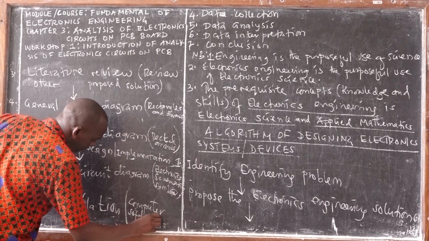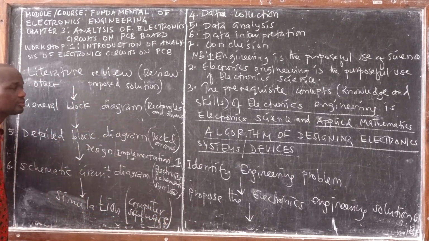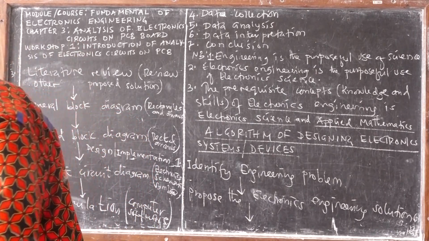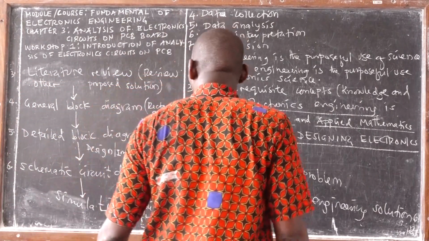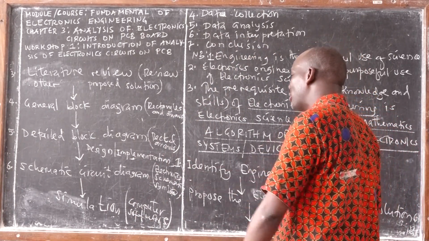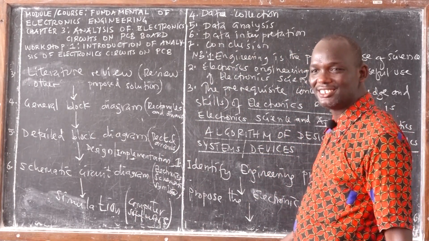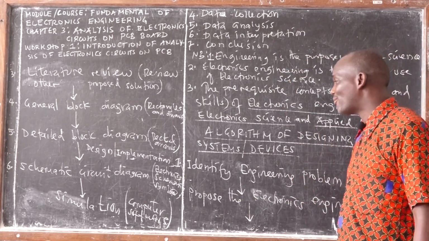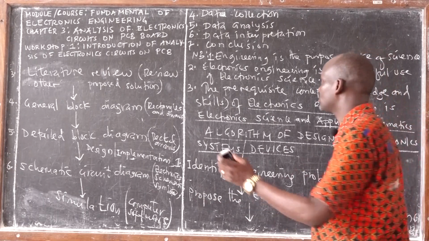Electronics computer software. But if you end on the block diagram, you will have nothing to simulate. If you end in a detailed block diagram, you will have nothing to simulate. If you end on the proposed electronics engineering solution, you will have nothing to simulate.